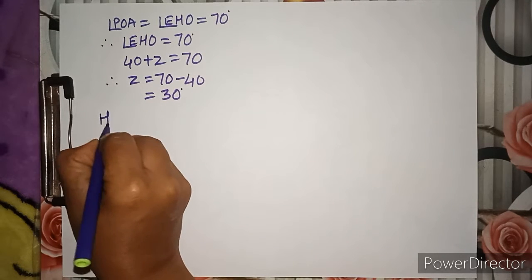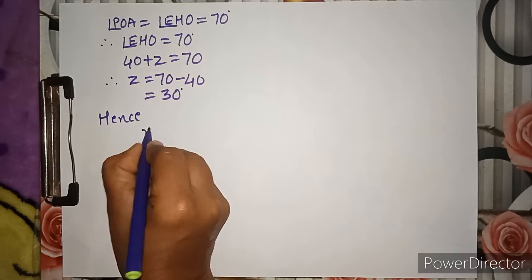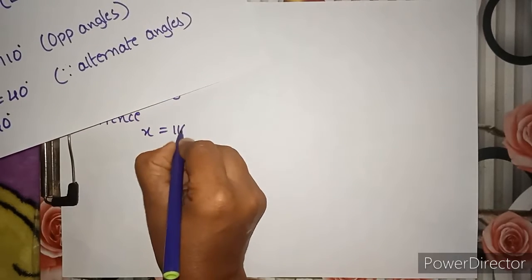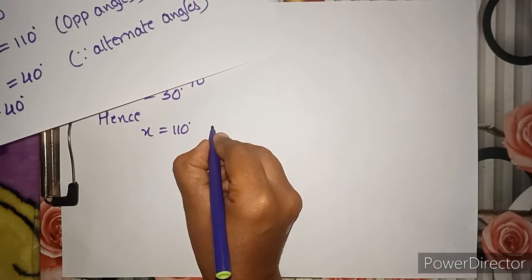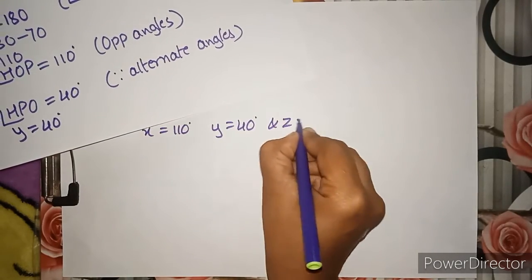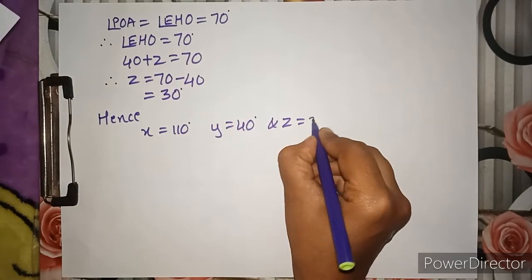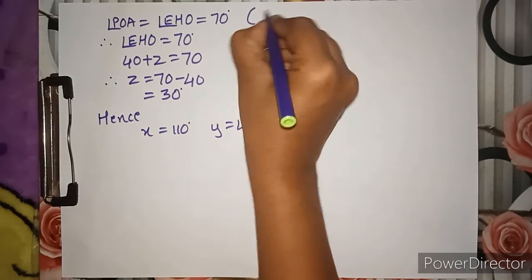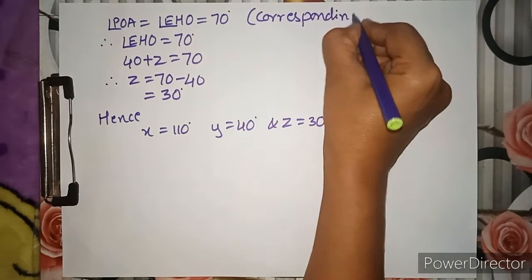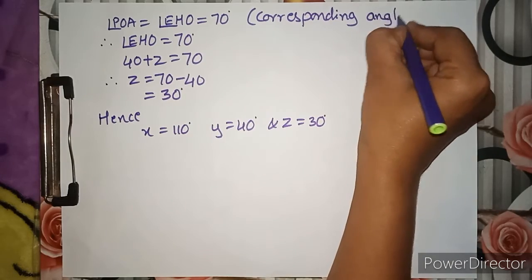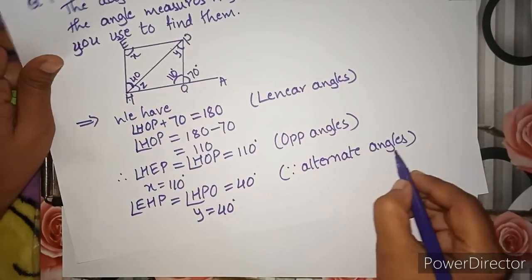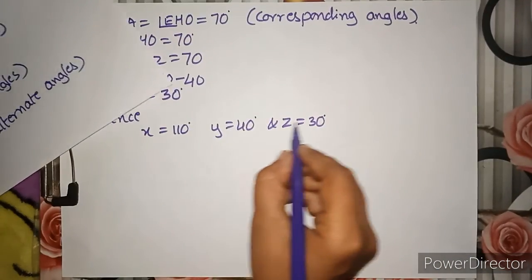Hence x is equal to 110 degrees, y is equal to 40 degrees, and z is equal to 30 degrees. Corresponding angles. Okay, these are all the properties we used to find out x, y and z values.